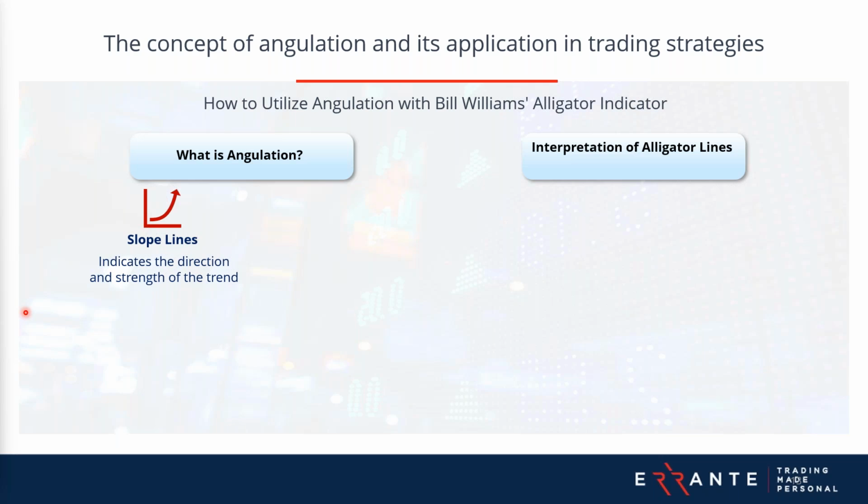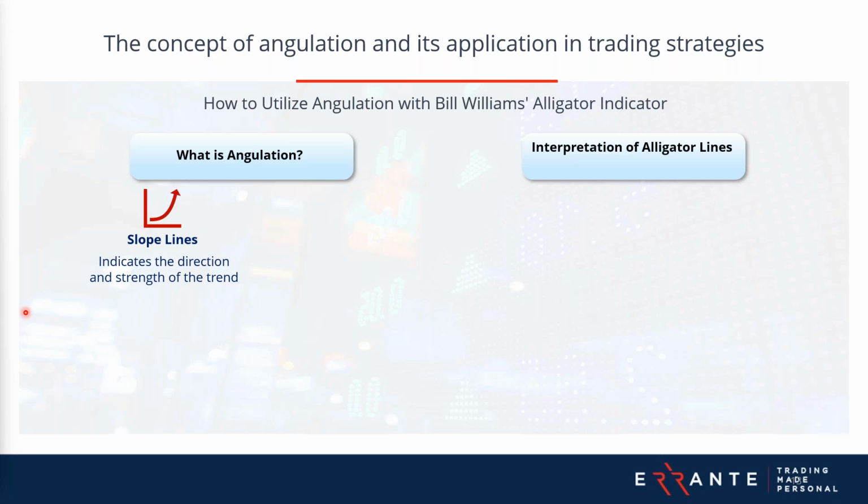A positive slope when price is above the line suggests an ongoing uptrend, as you saw, and a negative slope, with prices moving below the alligator's lines, indicates a downtrend. Okay, but here is a tip. A steep slope suggests a strong trend, whether it's upward or downward.